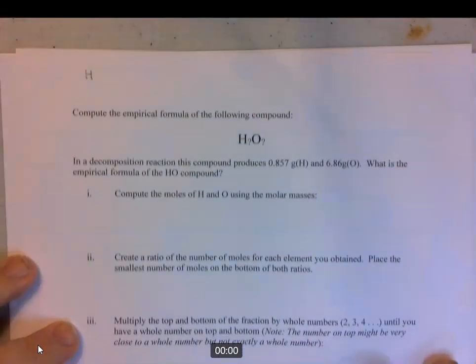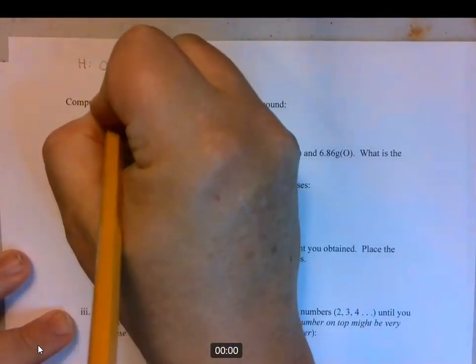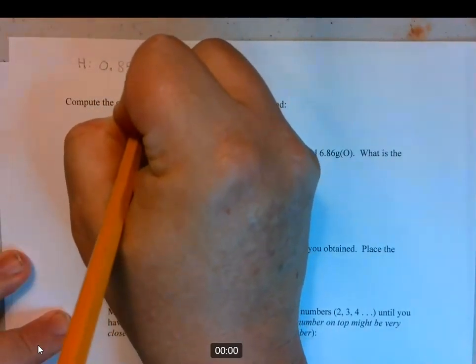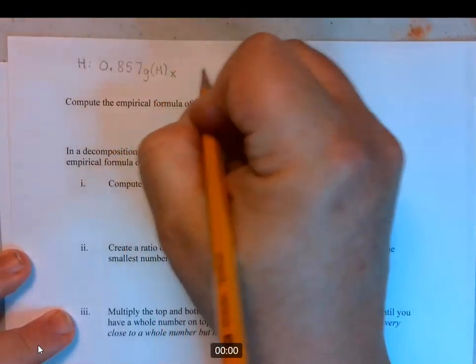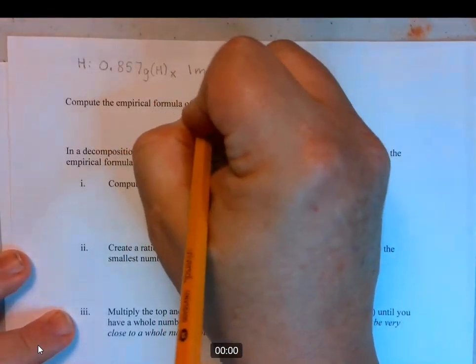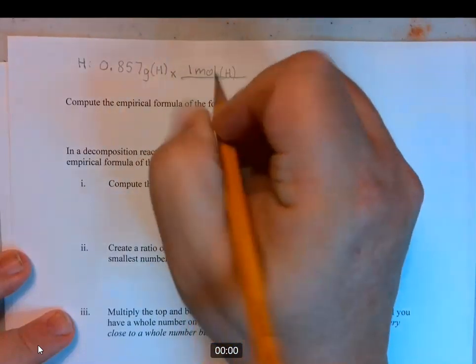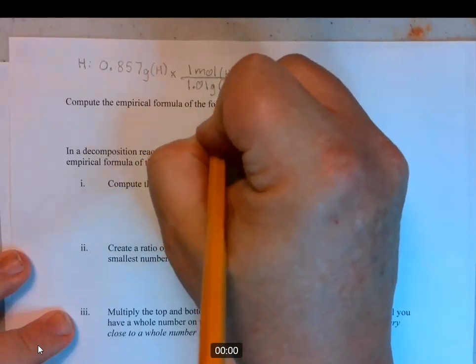Over here I'll do hydrogen because I have space up there, so I'll work up there. So 0.857 grams of hydrogen. And off of your periodic table, look at hydrogen and you have 1 mole is 1.01 grams of hydrogen.